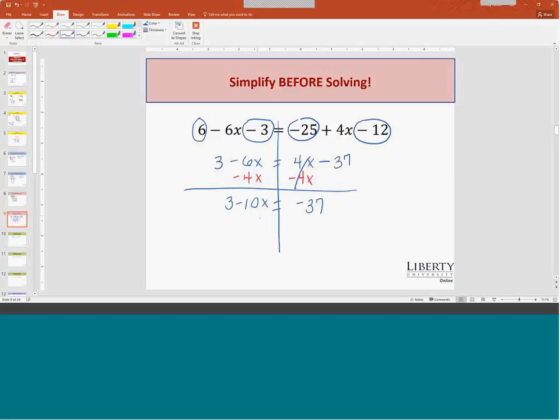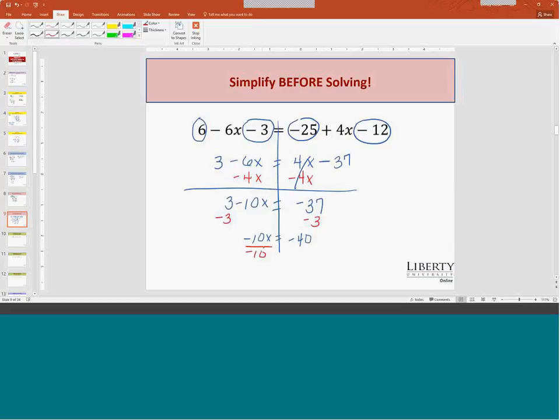Now, what's happening to our x term? Well, this is a positive 3, since it's at the beginning of this expression on the left side and it has no sign, we assume that it's positive. So to eliminate this constant number, we need to subtract 3 from both sides of the equation. When we do that, we're left with negative 10x equal to negative 40.